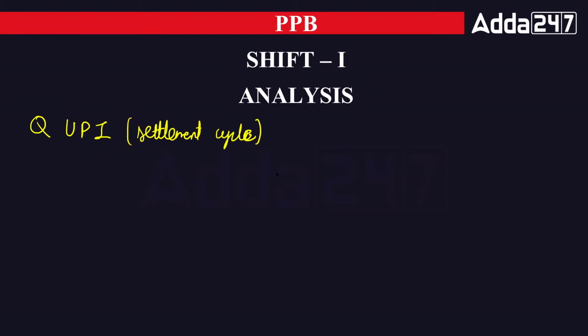Okay, that will be based on the time. The UPI settlement cycle timing has been given, and there are total 8 cycles that will be seen in the UPI transaction.